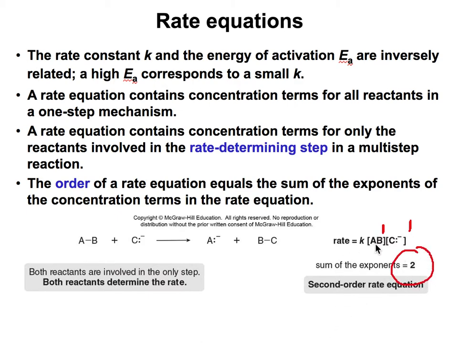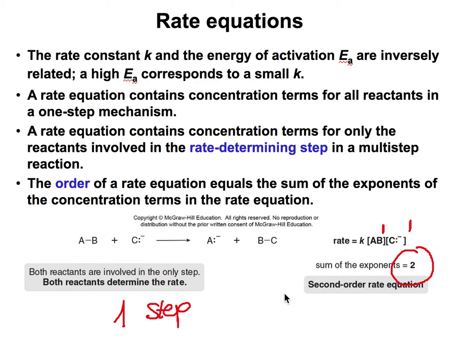The rate of the reaction is determined by the reagent's concentration. Because here we have A, B, and C, and both of them matter when the reaction happens in one step, we'll have a rate of the reaction 2.